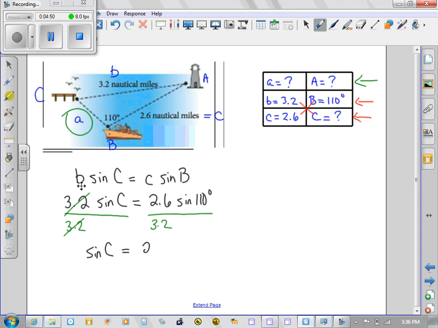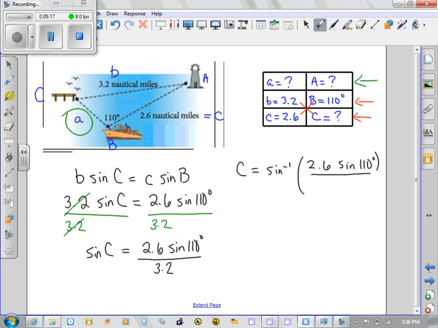Sine C is 2.6 multiplied by sine 110 degrees divided by 3.2. Moving forward, in order to find C, we're going to have to take the inverse sine of that expression we have here. So I'm going to bracket this expression, and I'm going to do the same thing when I make use of the calculator.